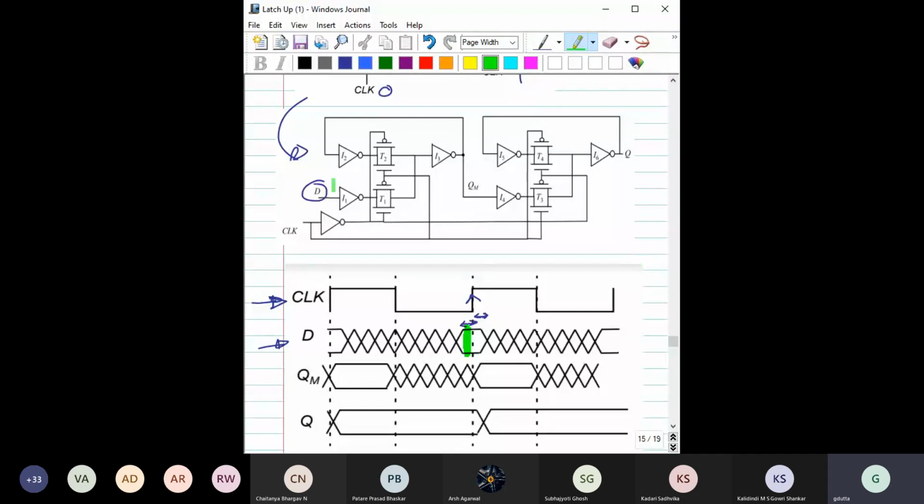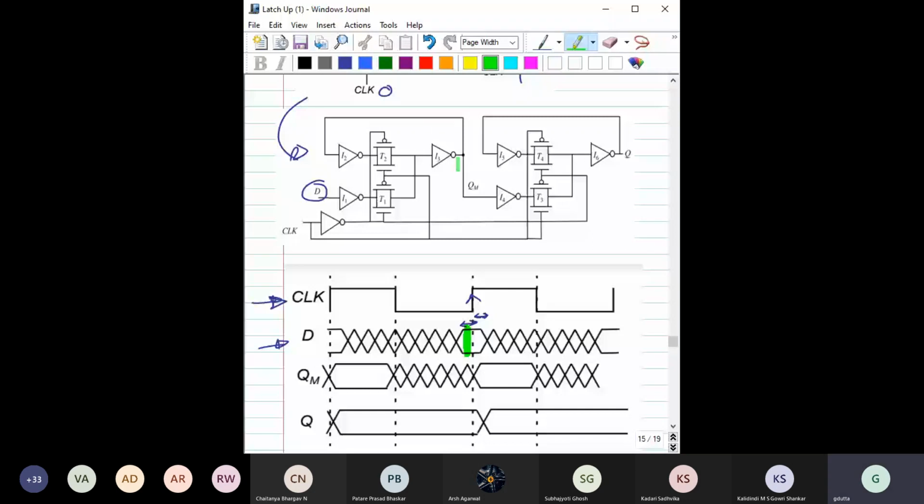In terms of this circuit, it will pass through which transistor, which inverter? Can you indicate that? Up to where should it pass?